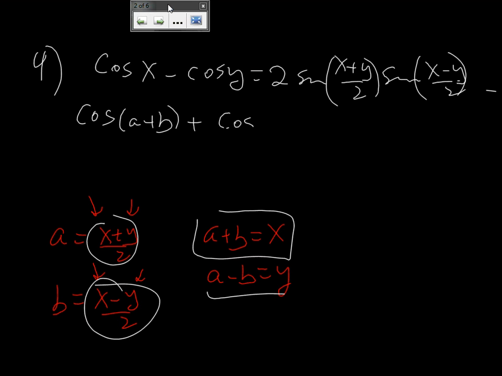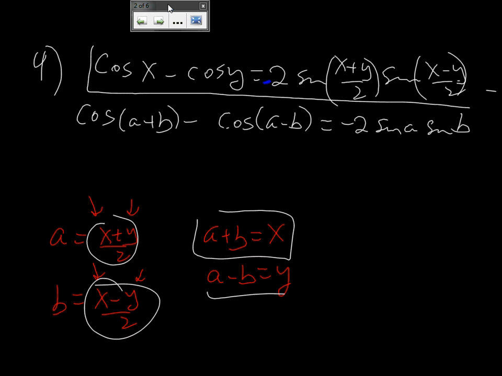Last time we looked at cosine of a plus b plus the cosine of a minus b. This time we're going to subtract them. And we're going to get negative 2 times the sine of a times the sine of b. And I must have a typo here. There must be a minus sign there. Sorry about that. So this is an identity with that minus sign there.